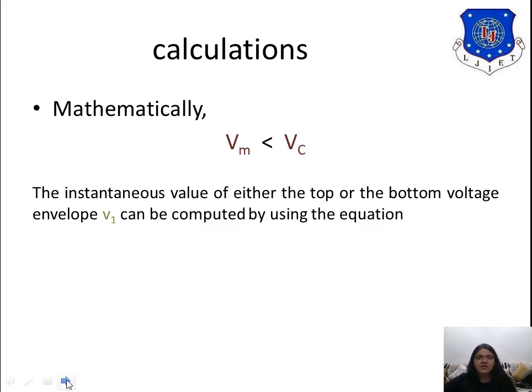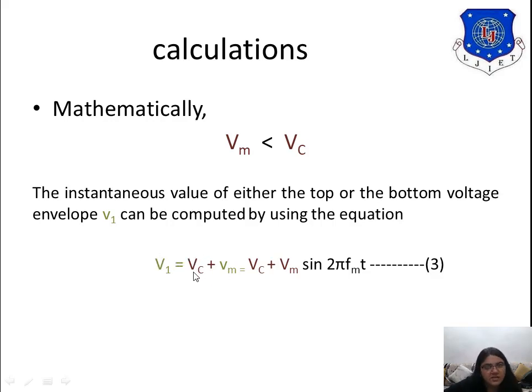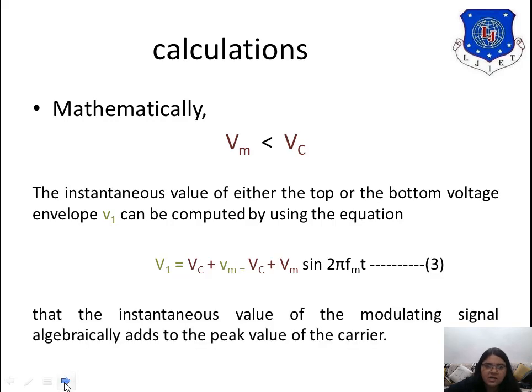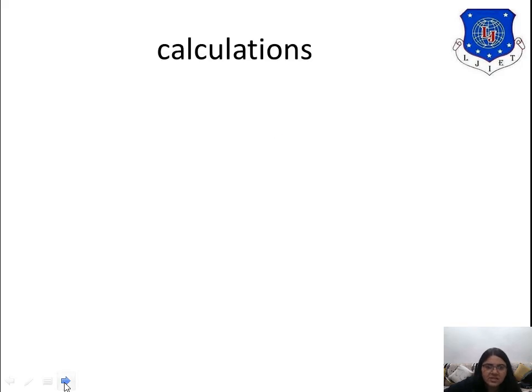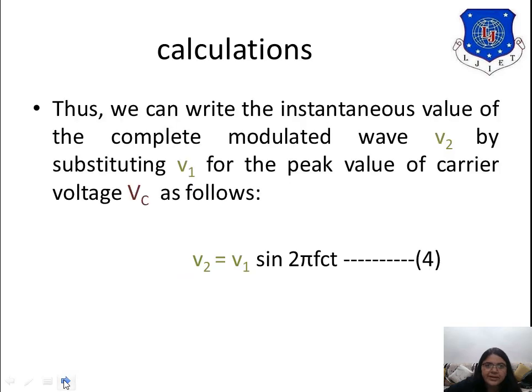So the amplitude modulated wave V2 is equal to V1 sine 2 pi fct. But what is V1? V1 means the amplitude of the AM envelope. V1 value is Vc plus Vm sine 2 pi fmt. Now over here V2 is the VAM. So this shows that there is a change in the amplitude.